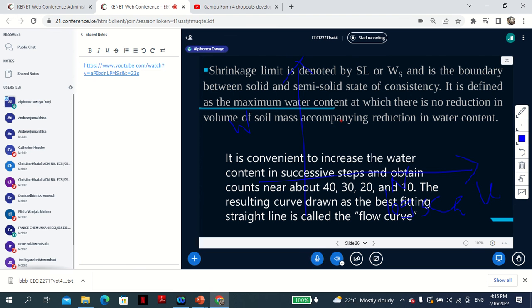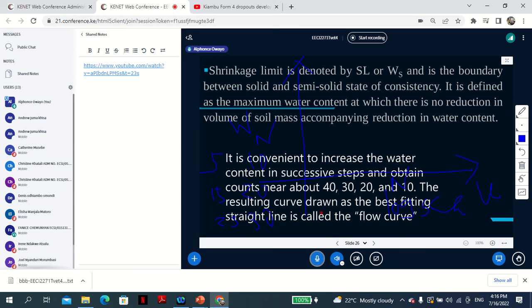So like I said, you increase the amounts of water content. For example, the first water content is 5%, and the number of blows is 10. So this is what we are saying: 15, 20, and maybe 25, 30, and so on.